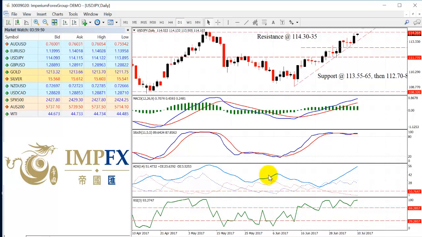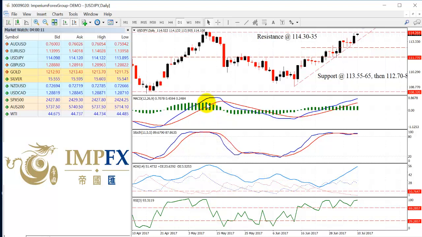Well, dollar yen still defies gravity as the market rallies on and now looks towards a 114.30-35 level, even though the indicators are overbought and the ADX is extremely high now. And do note, as before back here in early May, the market did reject that level around 114.30-35. The trend stopped.